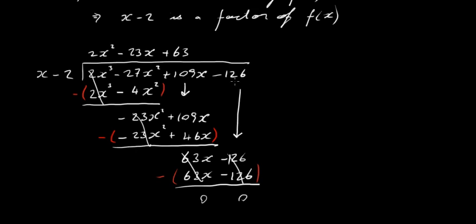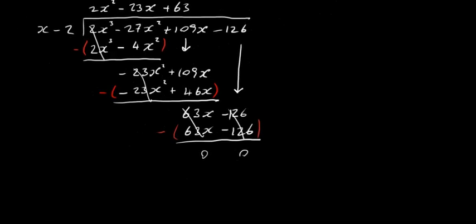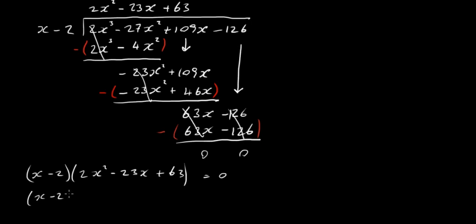In other words, this cubic expression here is just simply x minus 2 times 2x squared minus 23x plus 63. Now we're looking for the roots, so we want to know where all of this is equal to 0, where y is equal to 0. So we know that x is equal to 2 is one of our roots, so x minus 2 here is one of our factors.